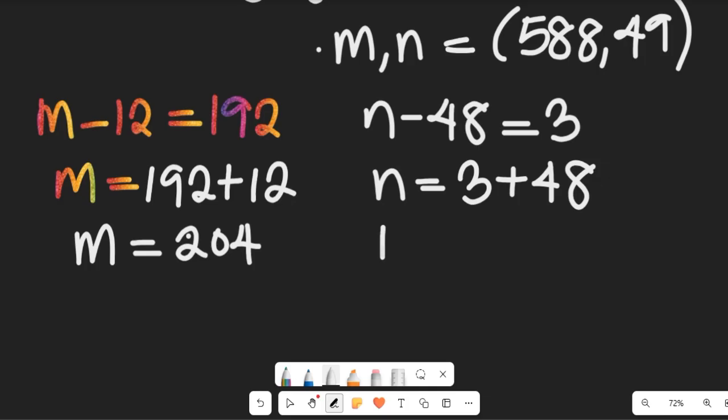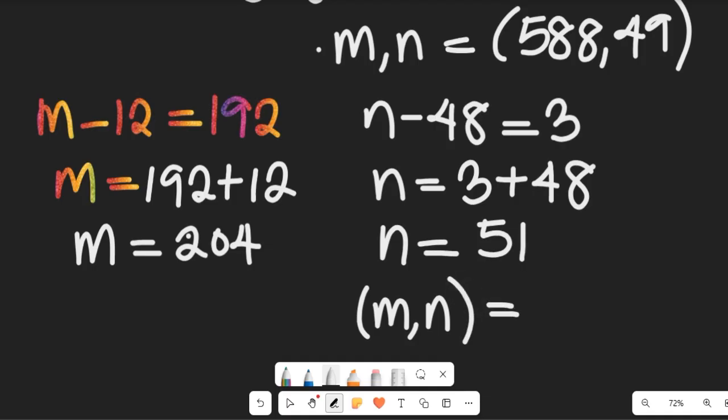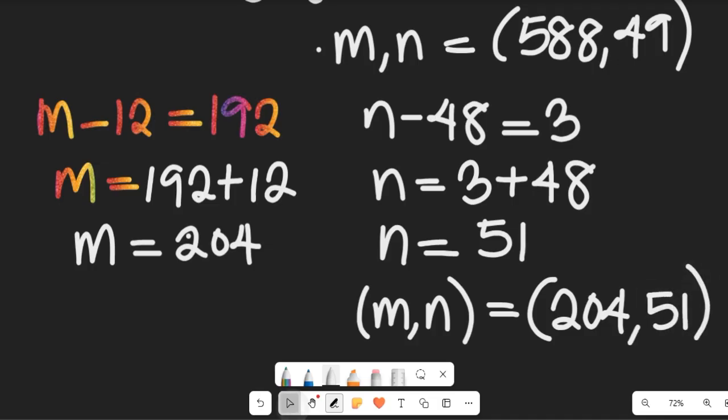And 3 plus 48 will make our n to be equal to 51, right? So we see that m comma n is equal to 204 comma 51, with n also an odd number.